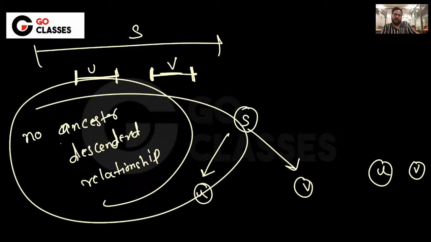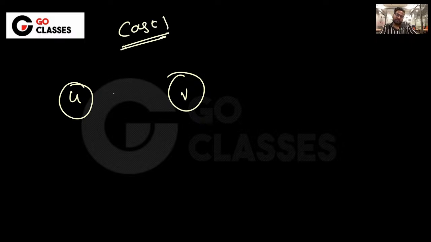Now they are saying this is an undirected graph, this is u, this is v, and this is case one. First of all, there cannot be any edge either from u or from v, right? Why is that the case? Because there is no ancestor descendant relationship.